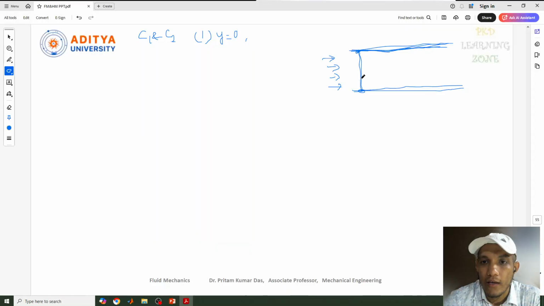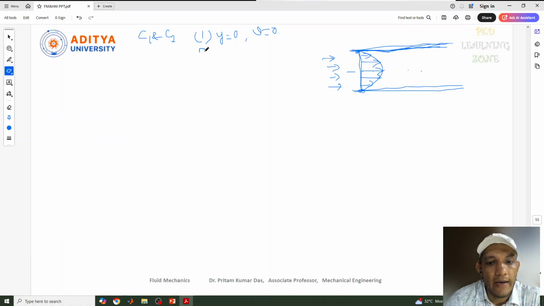That's why if you see the velocity profile, the maximum velocity can be obtained at the center of the plate. Whether it is a pipe or plate, the maximum velocity will always be obtained at the center of that flow. So at this point we'll get 0. So y equal to 0 means at this point, so your velocity also will be 0.